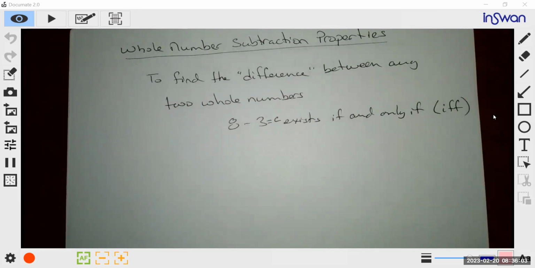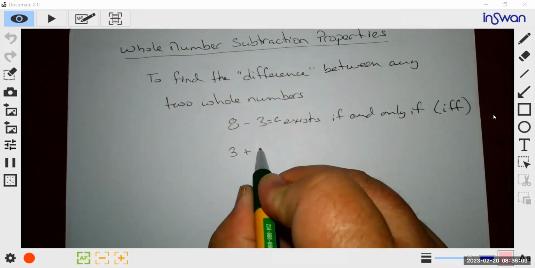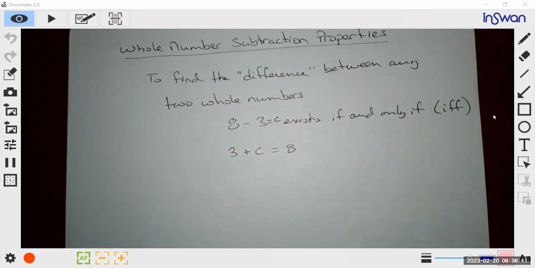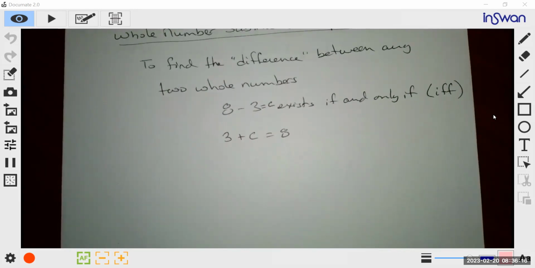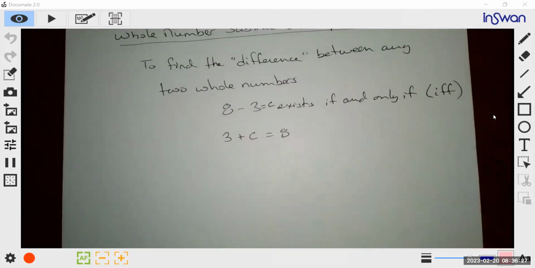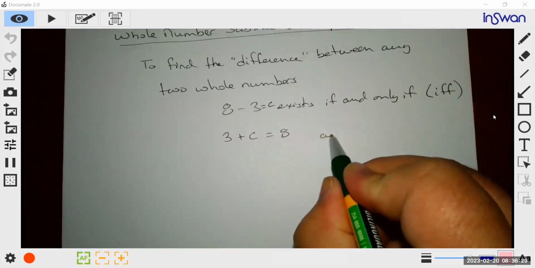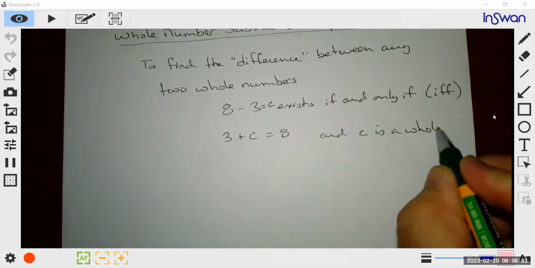I need to tell you what it equals, if and only if 3 plus that number C is equal to 8. And C is a whole number.